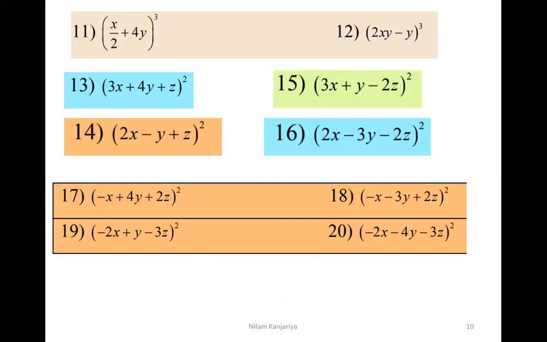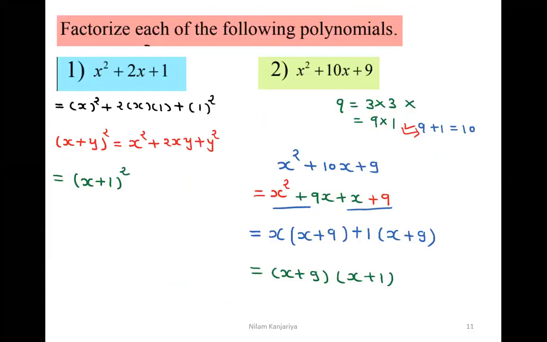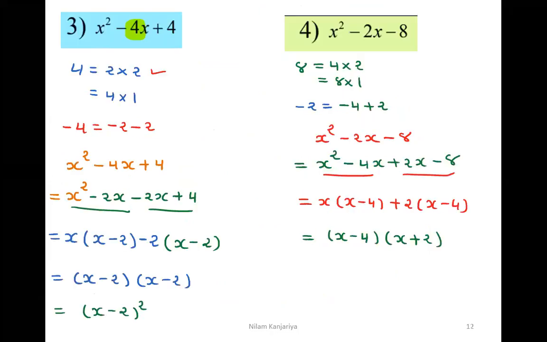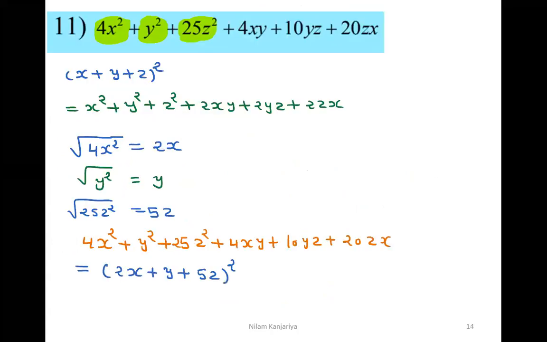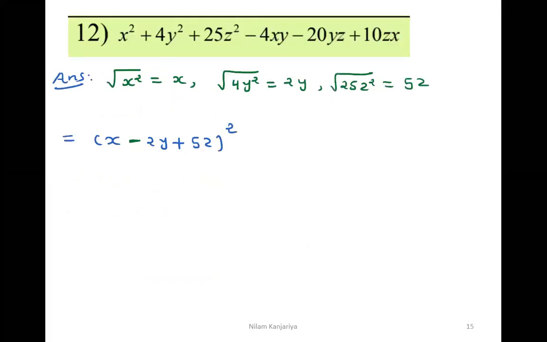The cube identities and more. Then we discussed the factor: how could we factor the polynomial whose power is 2? Then we use the reverse formula to find the answer to the given question.